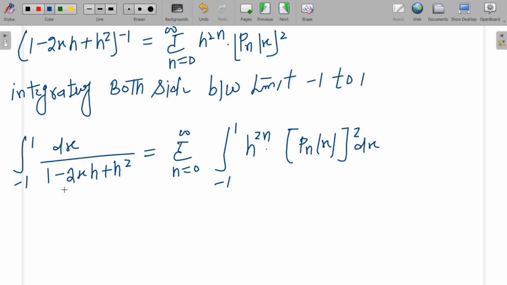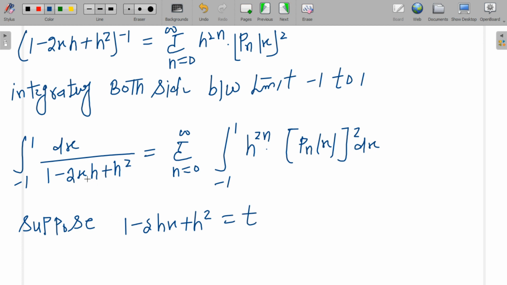Now I am using the substitution method to solve this equation. Suppose that 1 - 2hx + h² is equal to t.